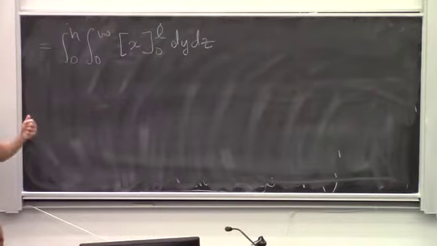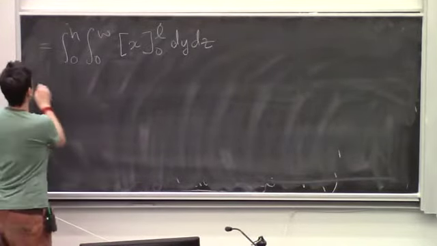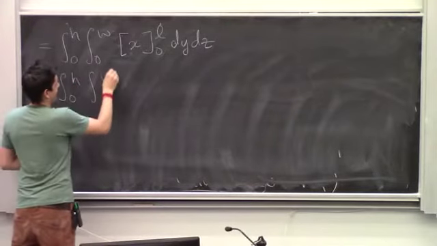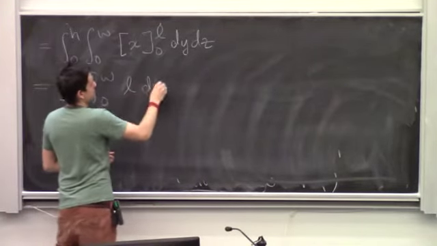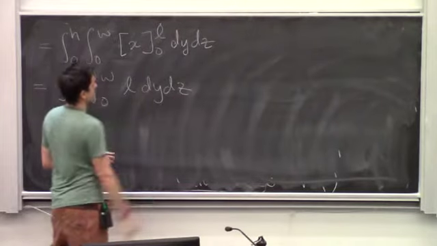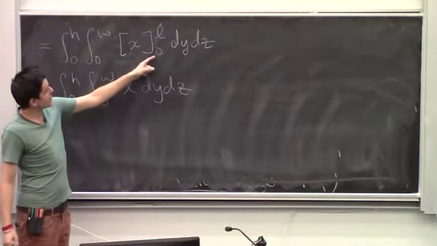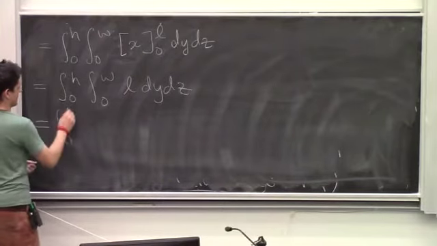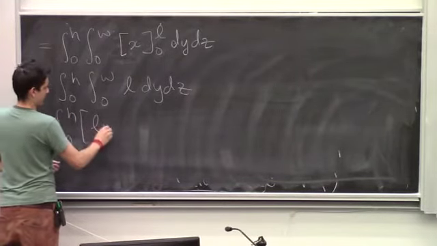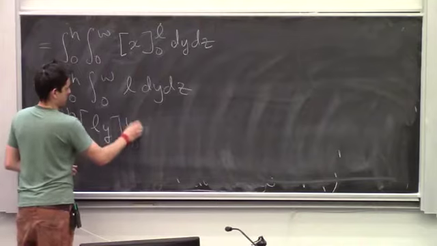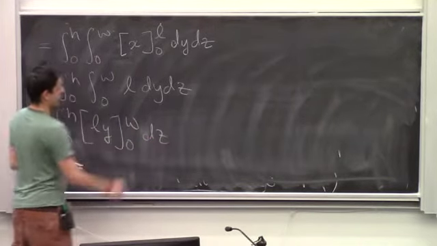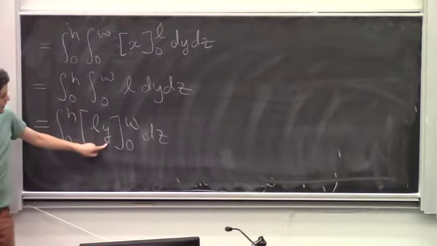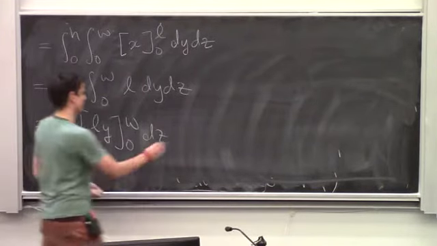Okay, when we apply the fundamental theorem, this will evaluate to L. Right, so it's L minus 0, so we just write L. Now we take the antiderivative in the direction y, so we get a y there.